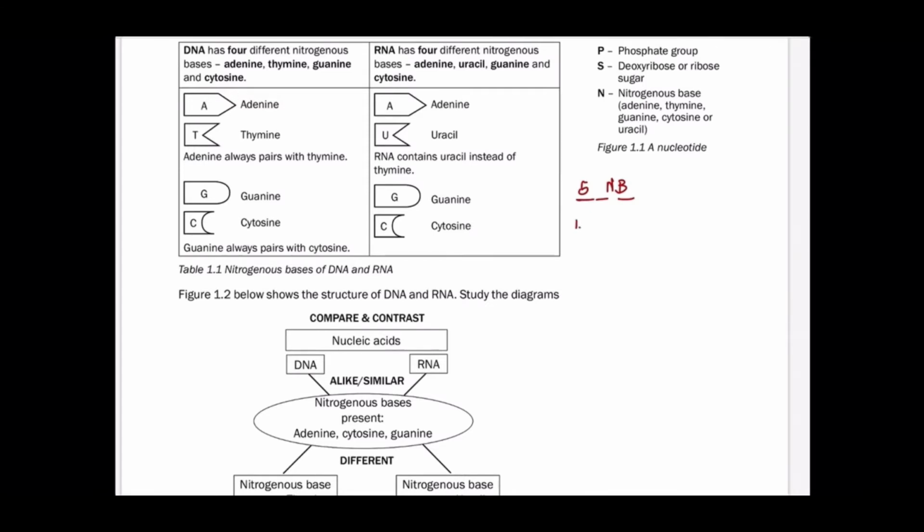The first one will be your adenine, cytosine, guanine, thymine, as well as uracil, which you find only in RNA.